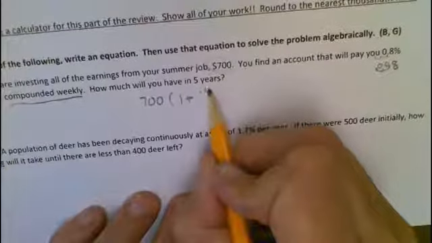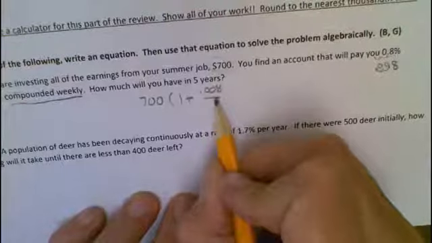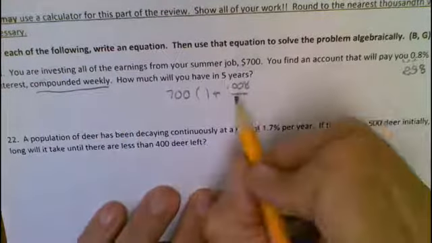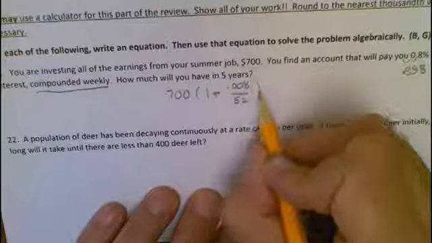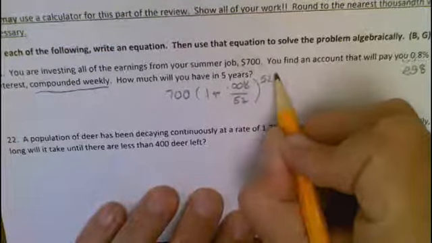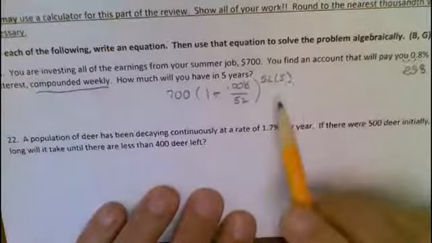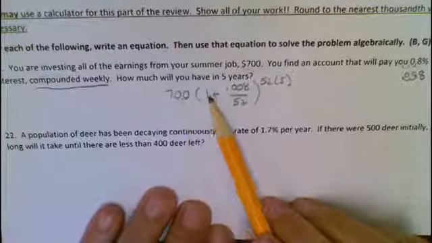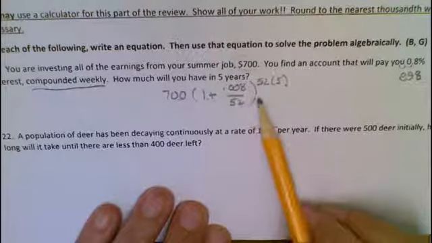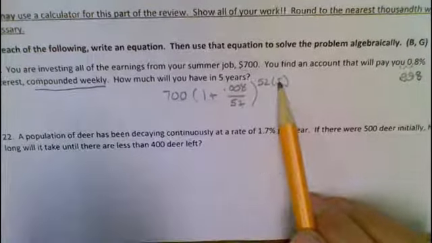So it's 0.008 over n, and if it says it's compounded weekly, there are 52 weeks in a year. And I want to know how much I'll have after 5 years. So again, it's P times 1 plus R as a decimal over n raised to the n times t power.